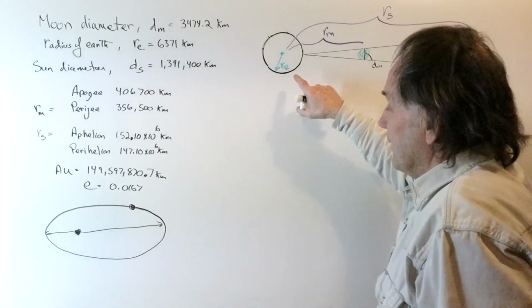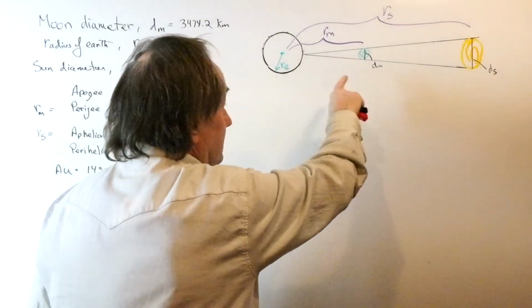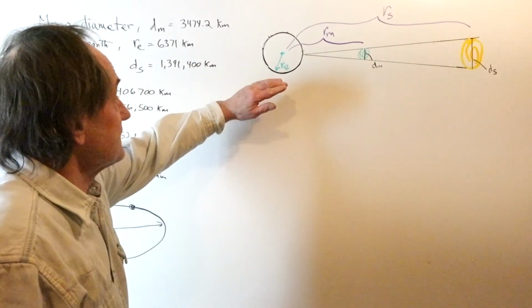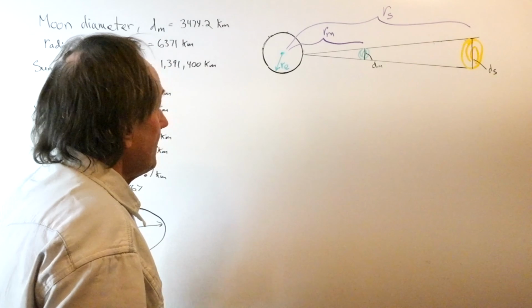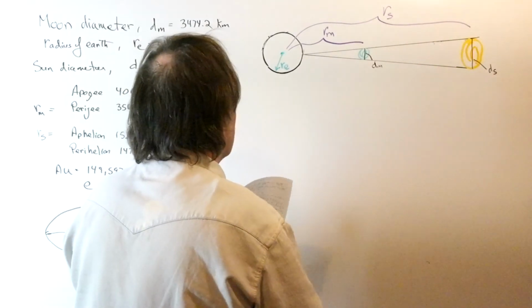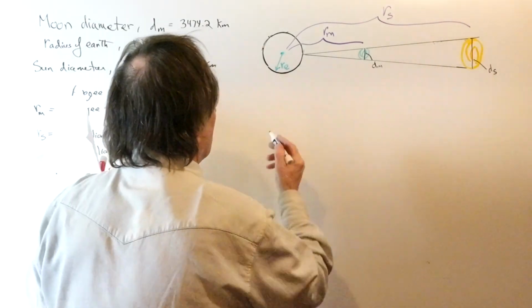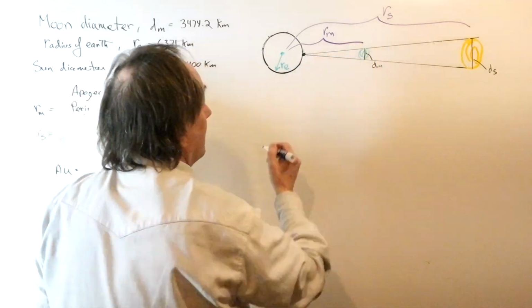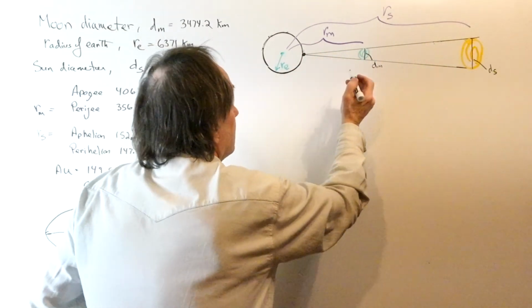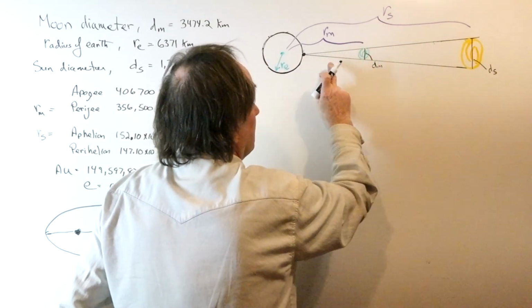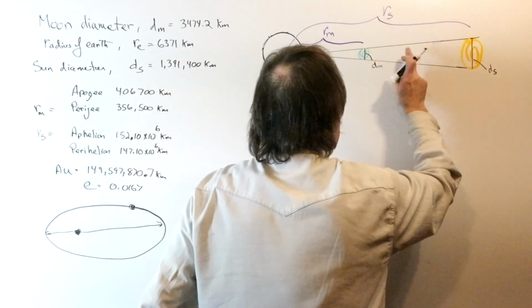Here I have a diagram, of course it's not to scale, that represents the Earth, Moon, Sun system. We have an observer on the surface of the Earth, standing right here, observing a total eclipse. That occurs when the moon gets between the sun and the Earth.